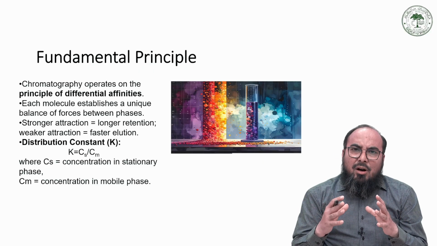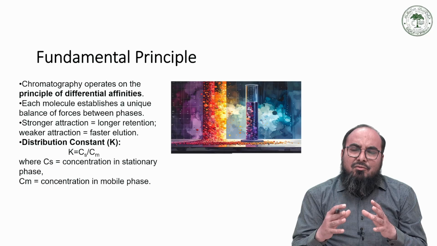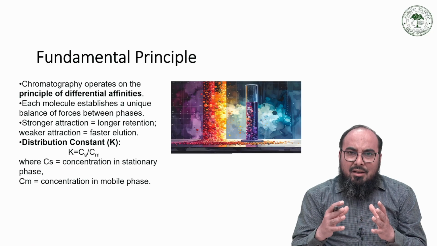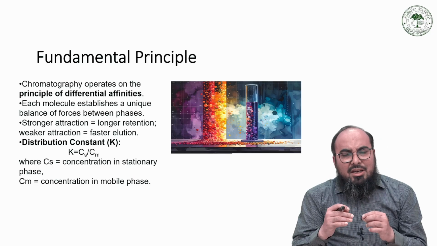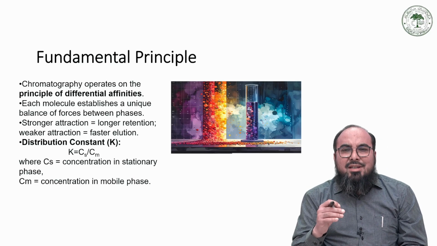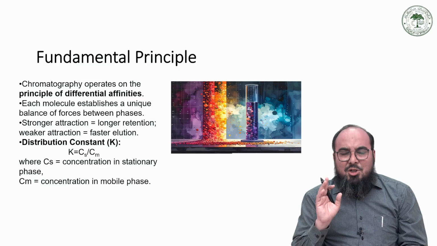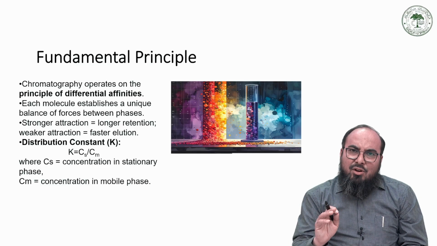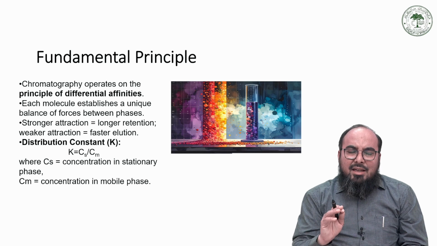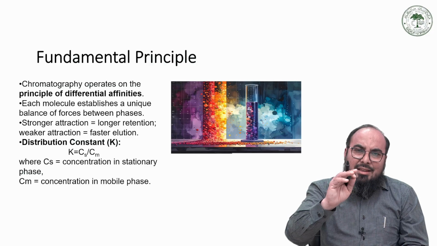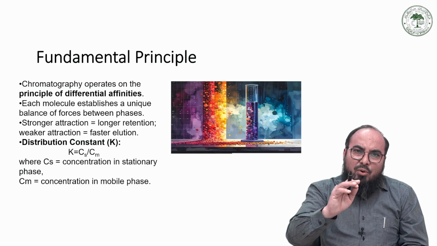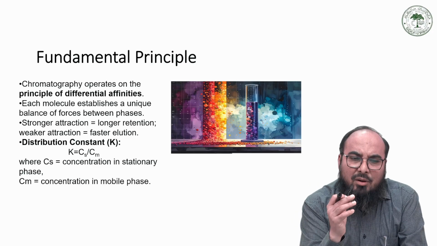Each component interacts with the stationary phase in a different manner, and since the interactions are different, each component is going to stay for a different time with the stationary phase. On the basis of the difference in the staying, there is a difference in the elution, or the going away of that component from the column.